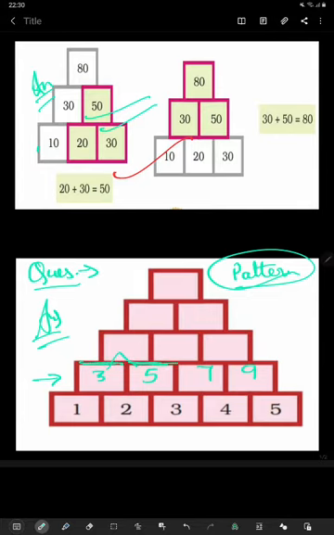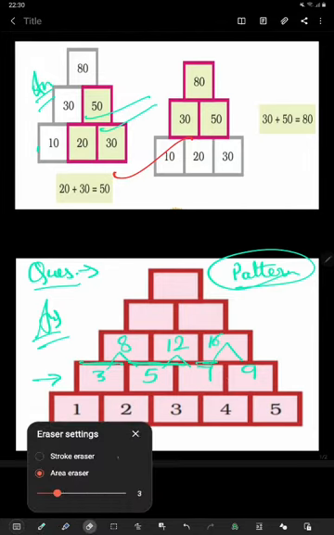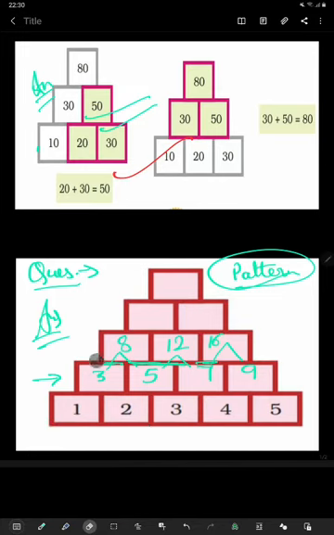Okay, so 5 plus 3, 8, and 5 plus 7, 12, and we will add these two. So what you will get? You will get 16. Okay, I hope it is clear for you.